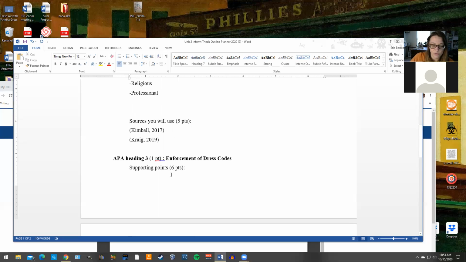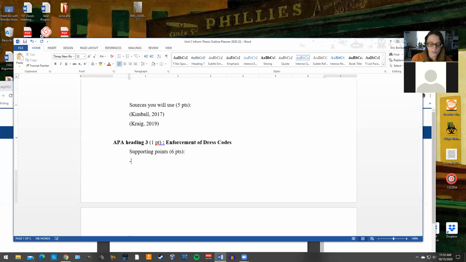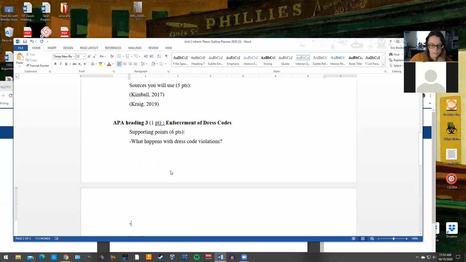In this section on enforcement of dress codes, here I'm going to talk about what happens with dress code violations. Or I'll say give some examples of what happens with dress code violations.